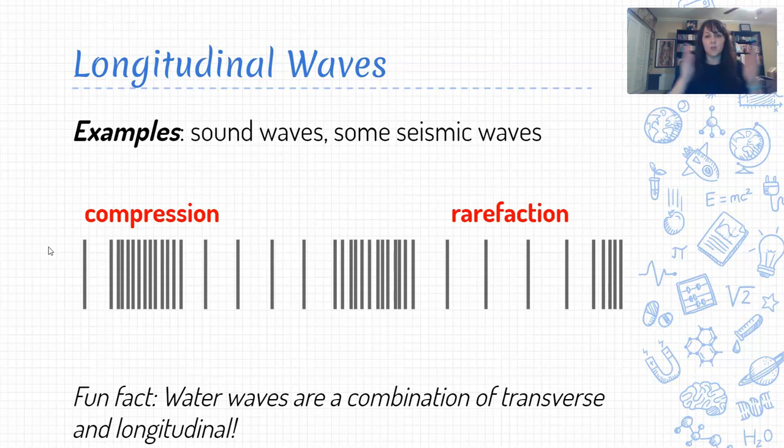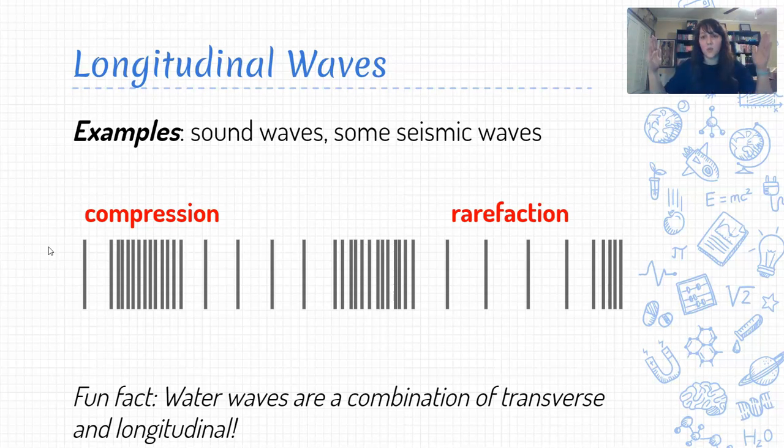Instead, what we see is there are places where the particles end up moving towards each other. They're all bunched together, and then places where they're farther apart again. So we get this accordion movement of particles along here. And so places where our particles are really close together, we call those compressions.